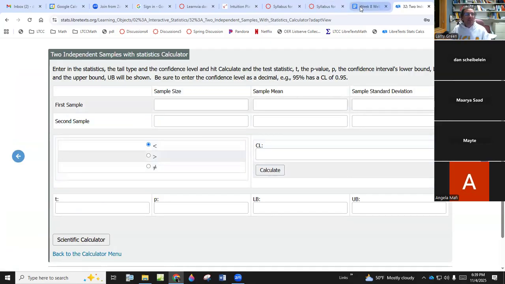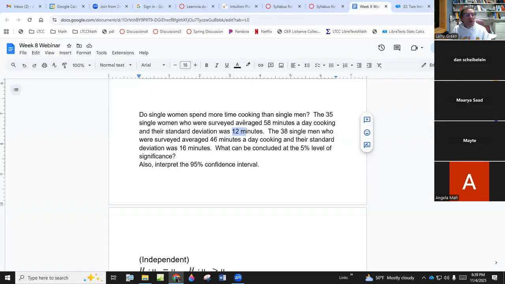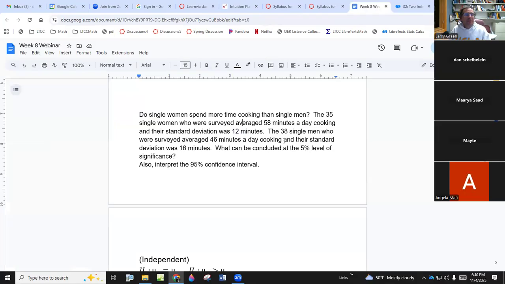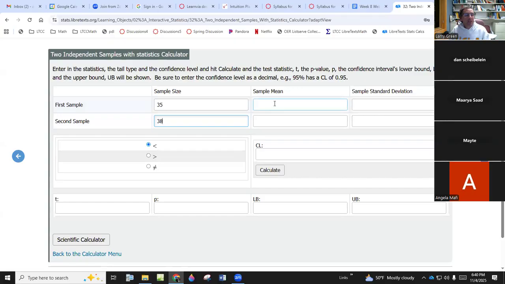So our sample sizes were 35 women and 38 men. So 35, 38. The sample means were 58 for the women and 46 for the men. 58, 46.